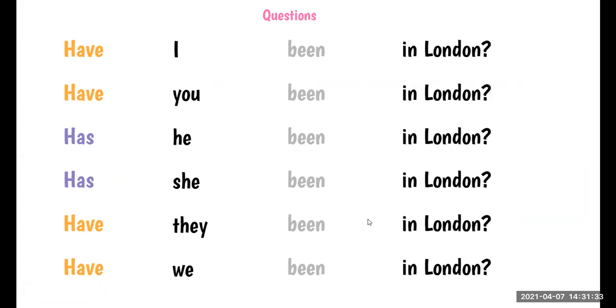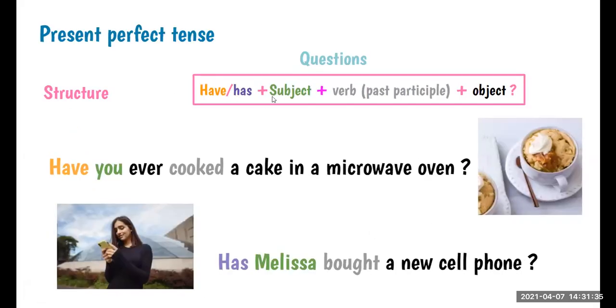So I want you to use the grammar structure here so you can ask a question to one of your partners, okay? Remember that you need to ask about something that your partner has experienced in the past. ¿Ok? Pregunten sobre alguna experiencia del pasado.